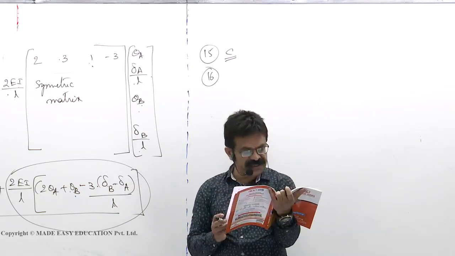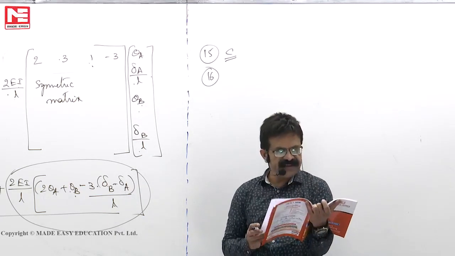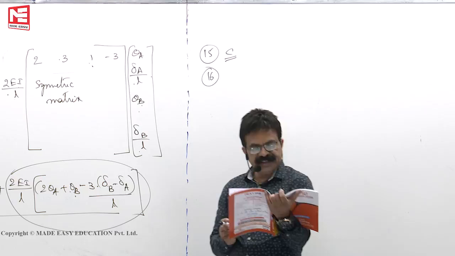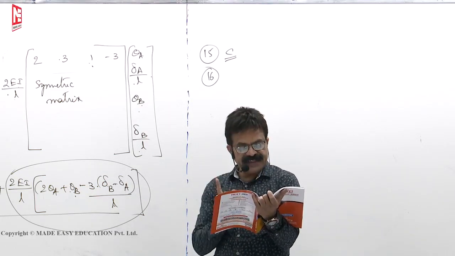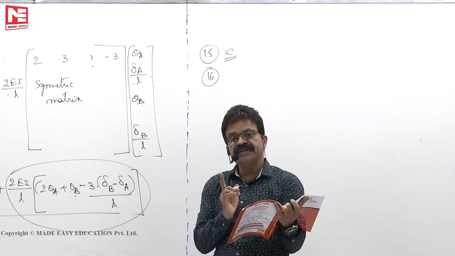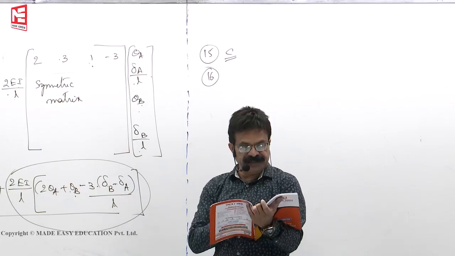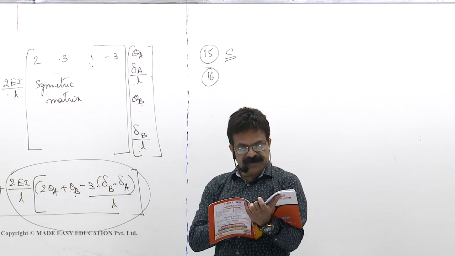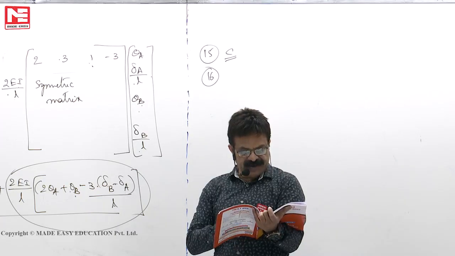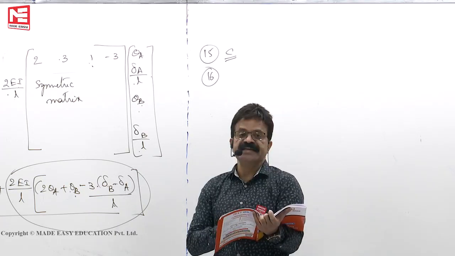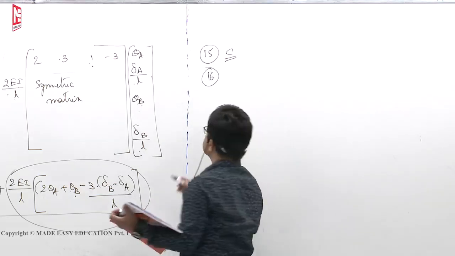Flexibility is used when ds is less, you can use it, but that is not the basic difference. Flexibility method chooses the redundant reactions or internal forces, and stiffness method considers the nodal displacements as the basic unknowns. This is the fundamental difference between the stiffness matrix and flexibility matrix. Not whether ds or dk is less. That is not the fundamental difference. So the correct option is 16A.